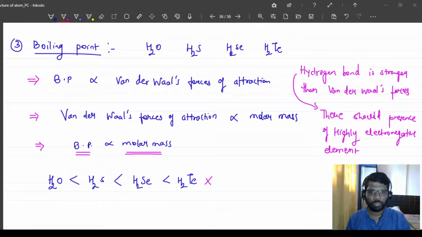Among this group, if we check the electronegativity, oxygen is the highly electronegative one.